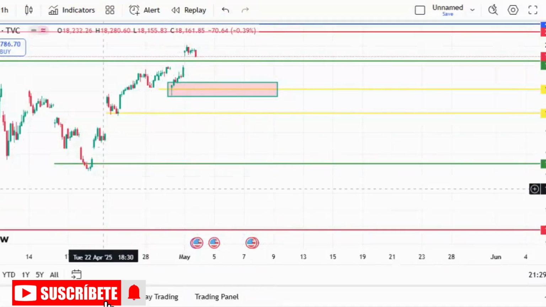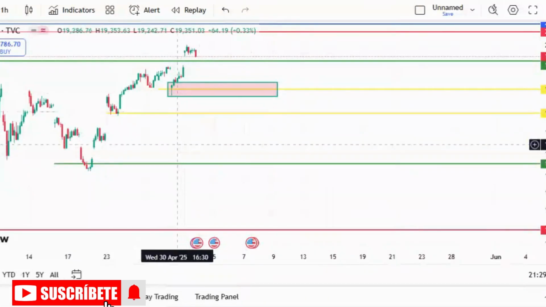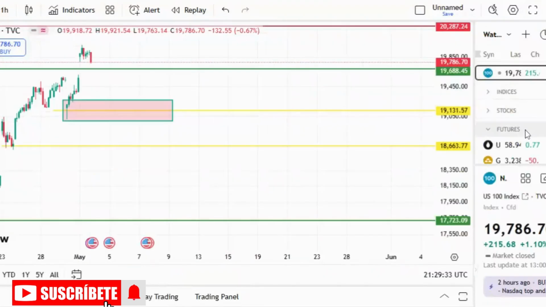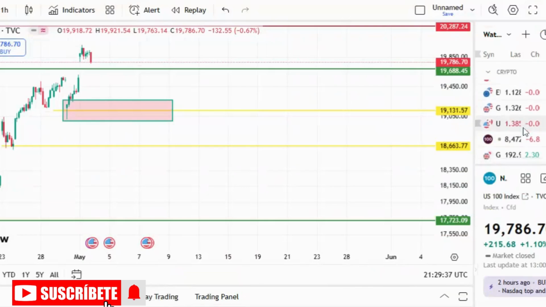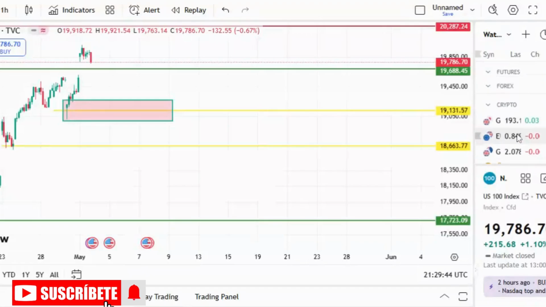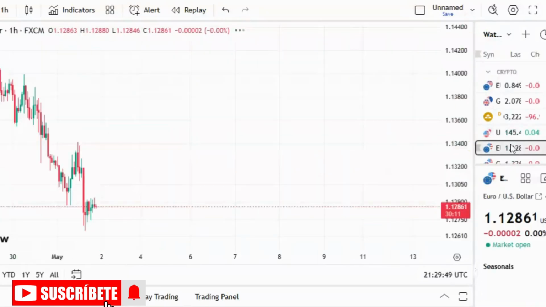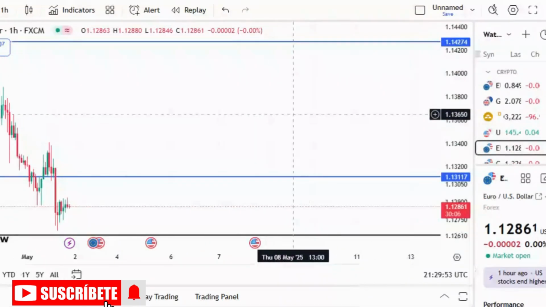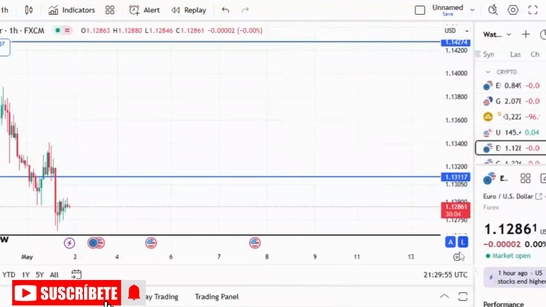So right now that we have analyzed this market, I think we should look into, let me see what we should be looking at right now. Sorry. So let's look at Euro USD. So this is Euro USD. I think I analyzed Euro USD too.